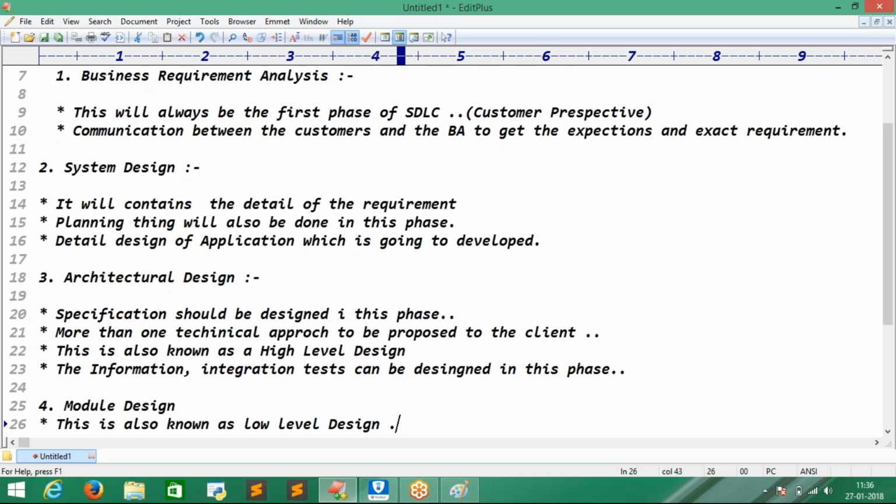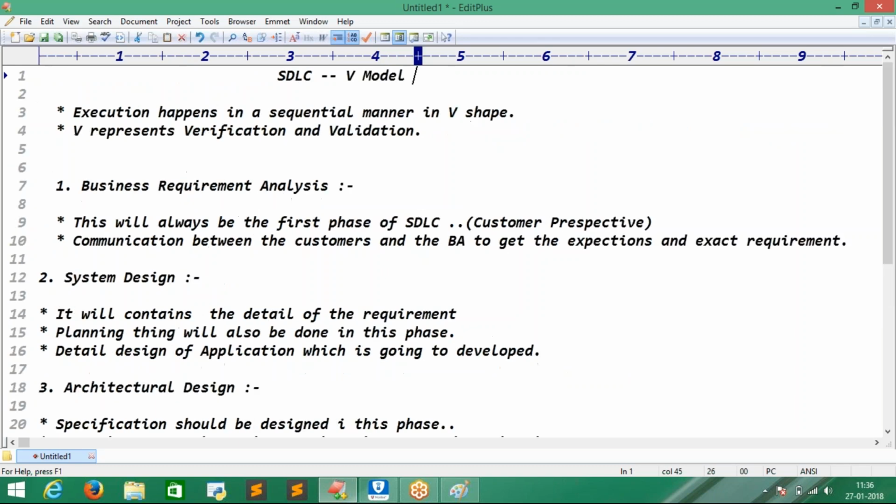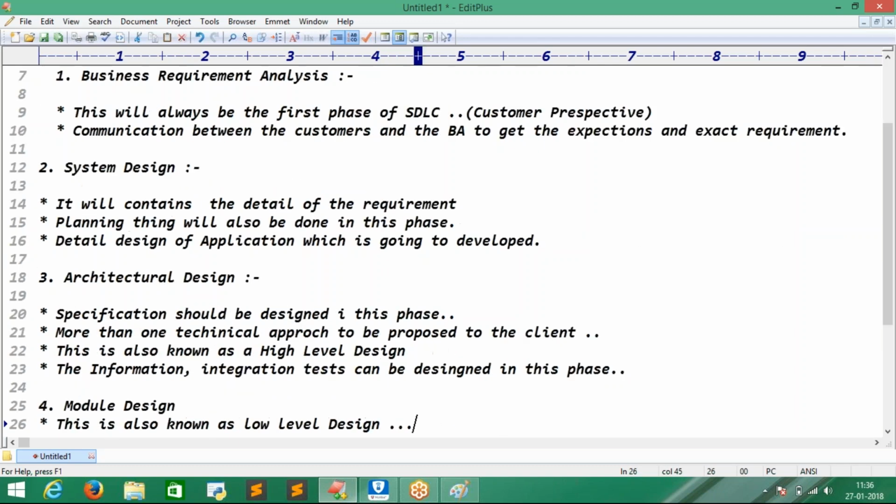Now guys, here are a few things. Let's say we are talking about a calculator. Let's say you have a company and a client comes and says they want a calculator.